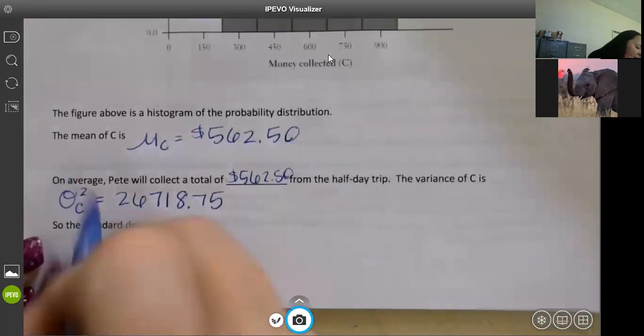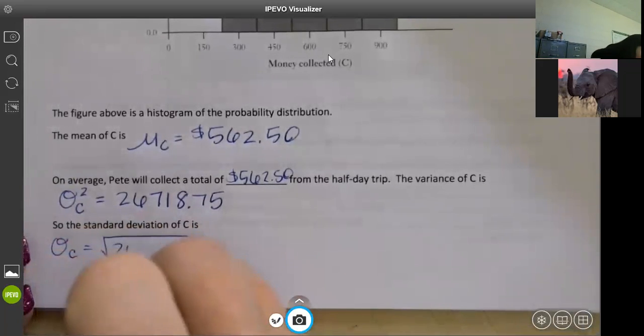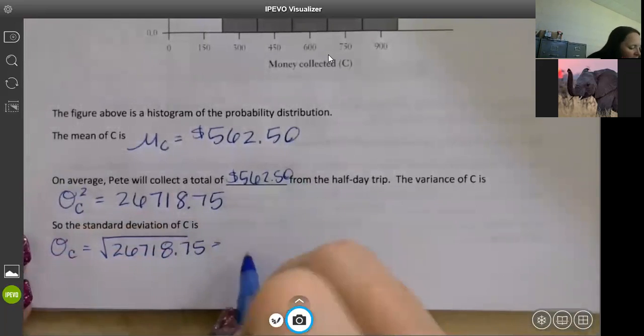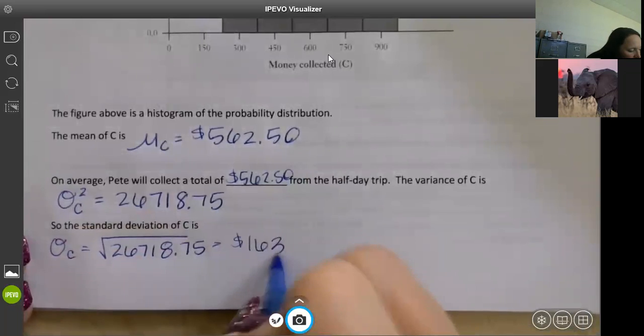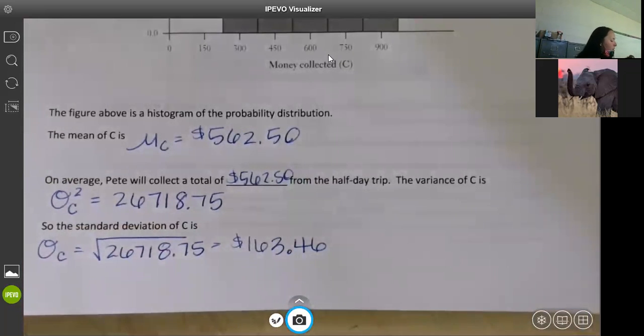To find the standard deviation, we take the square root of 26718.75 and get 163.46. Again, all those can be found on your calculator. We know how to do it by hand; we've already talked about it.